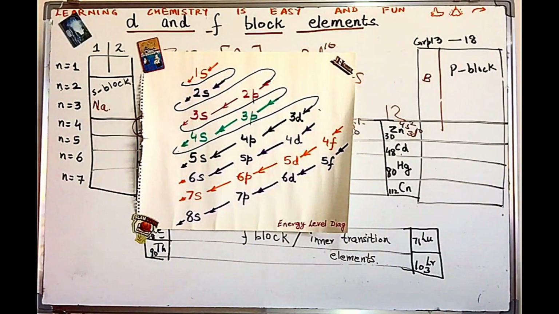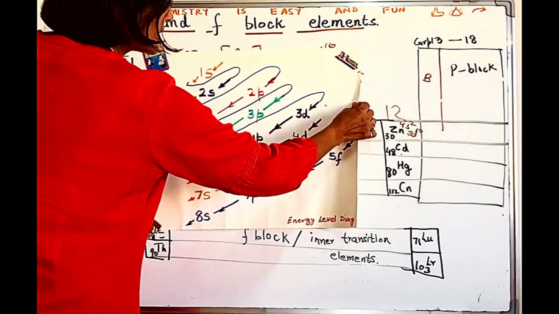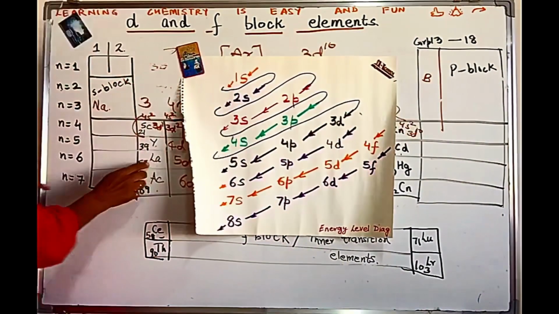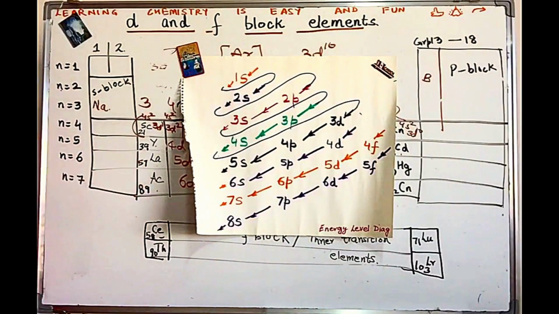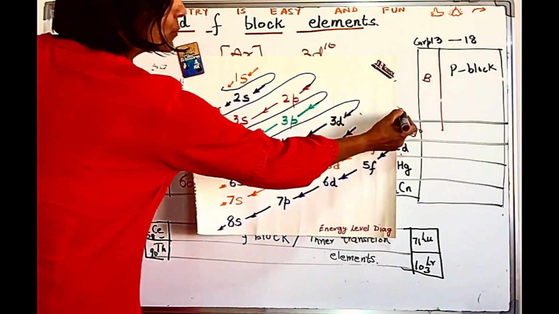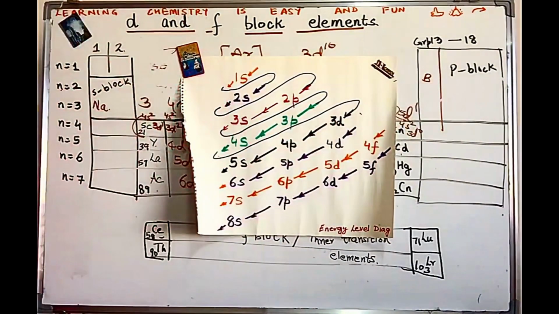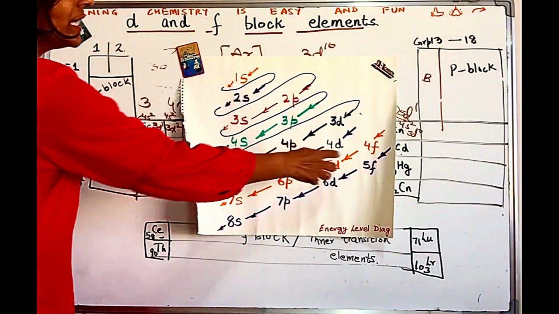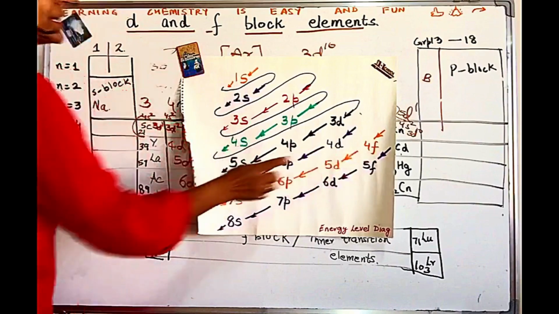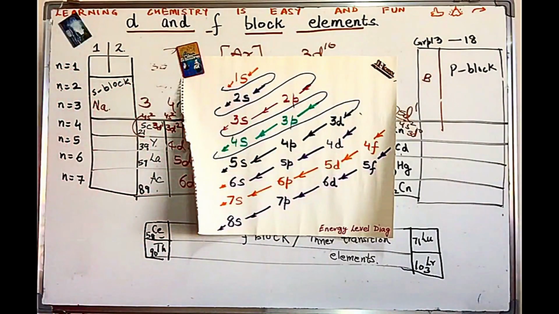But what we notice in the case of lanthanum, atomic number 57, is that the electron first enters into 5d. One electron goes into 5d, and then electrons start entering into 4f, right?